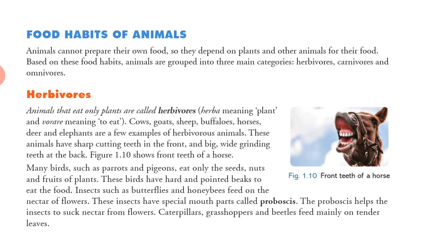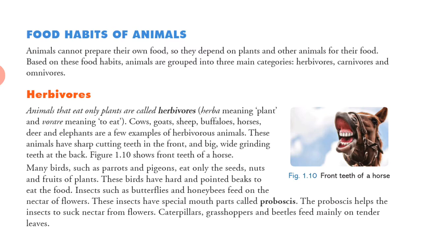Many birds such as parrots and pigeons eat only seeds, nuts, and fruits of plants. These birds have hard and pointed beaks to eat the food. Insects such as butterflies and honeybees feed on the nectar of flowers.